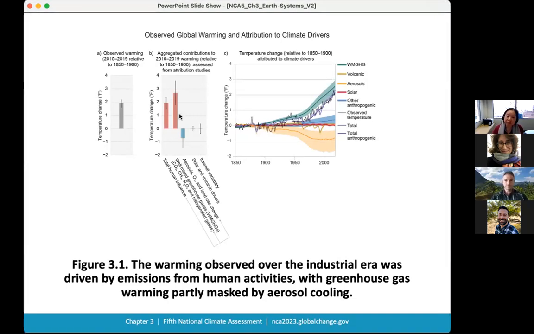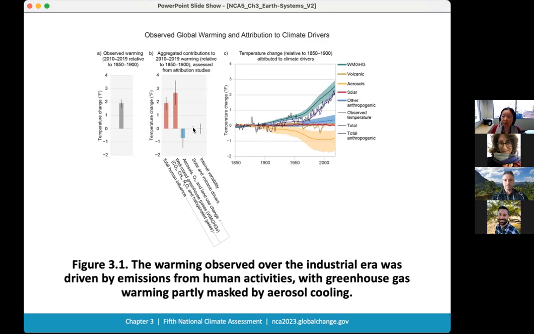But on the other hand, there are also anthropogenic factors that are contributing to cooling. And this cooling includes the effects coming from aerosols, which are tiny particles in the atmosphere, ozone, and also land use change. And so because of the offsetting effect, we come to this value of about 2 degrees Fahrenheit of warming.